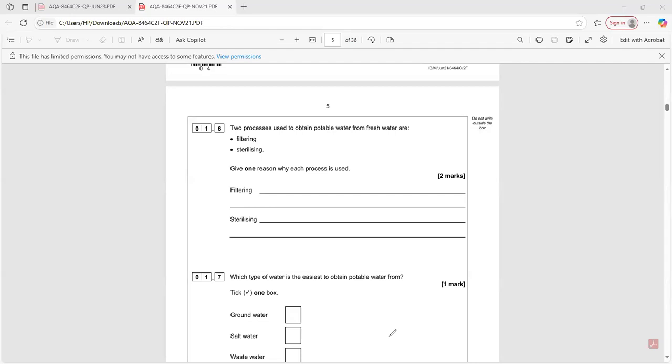It says give one reason why each process is used. So filtering will remove impurities that are in form of little particles, while sterilizing will take care of the bacteria. Do you agree with that?